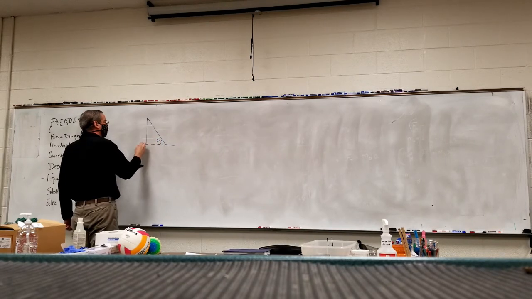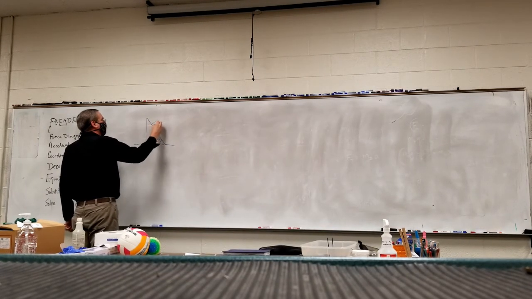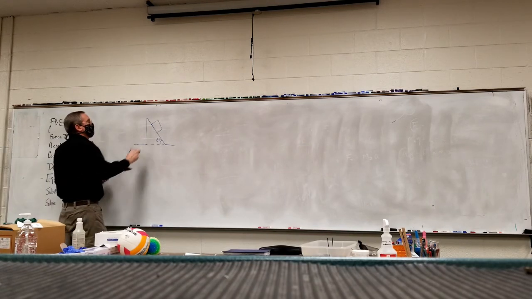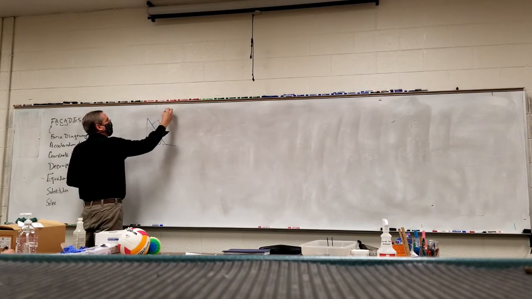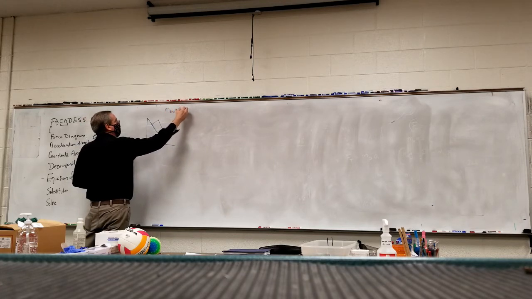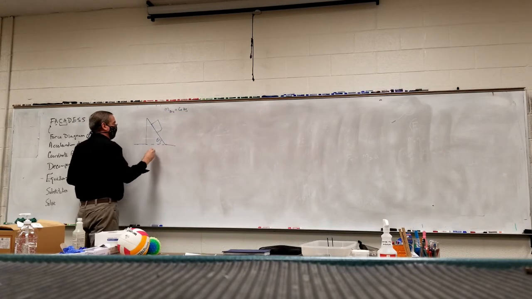Theta. Box is part of the ground. So mass of box will make 6 kilograms, mix it up a little bit. And we'll let theta be, let's go with 53 degrees.